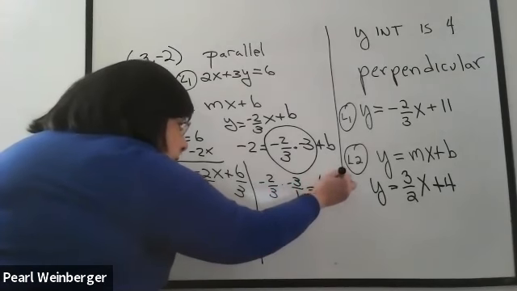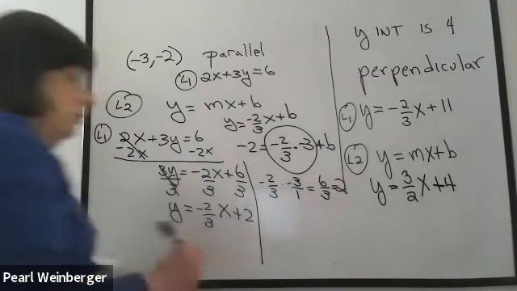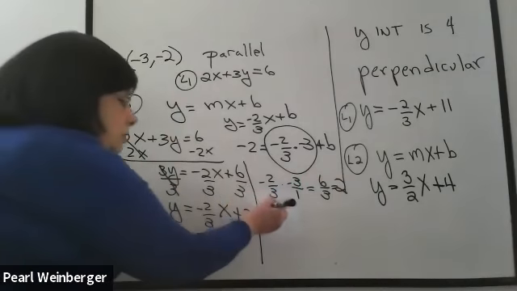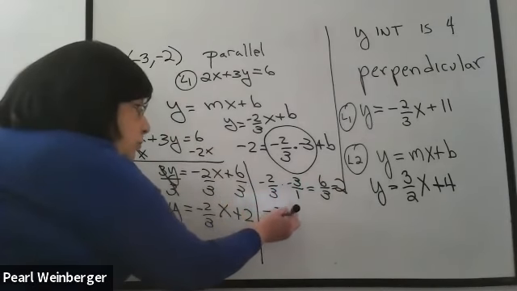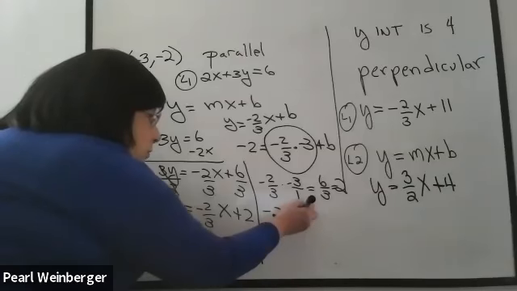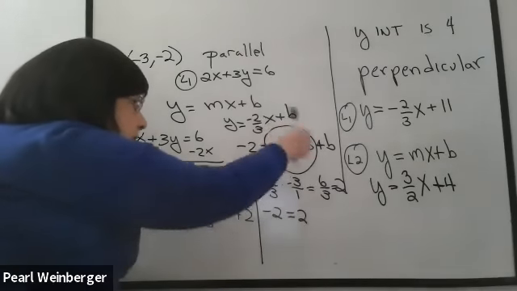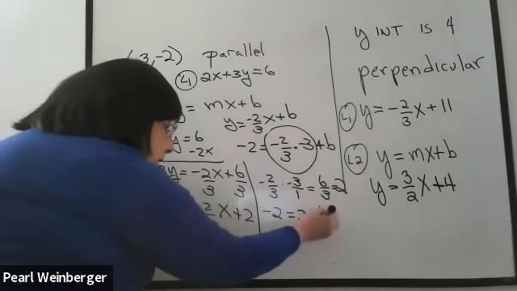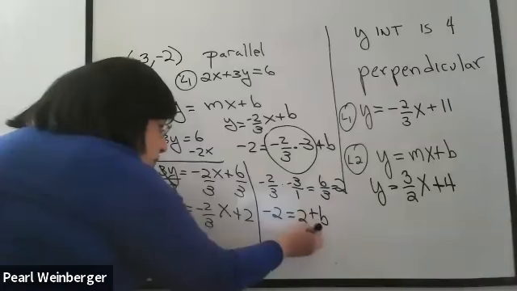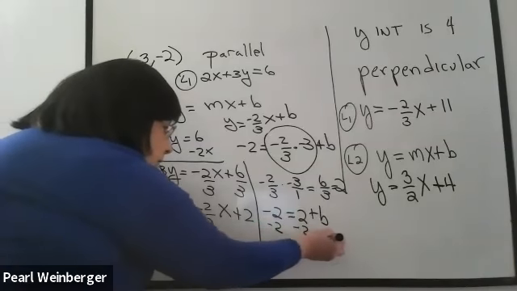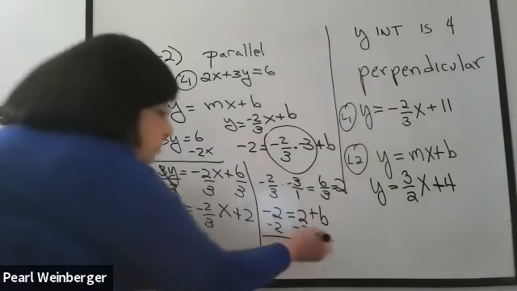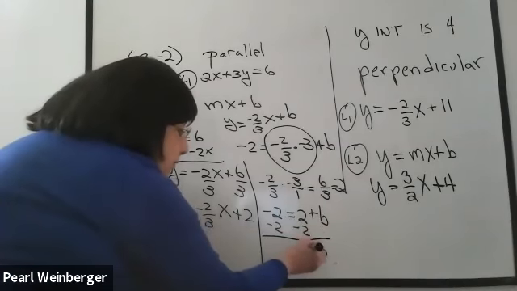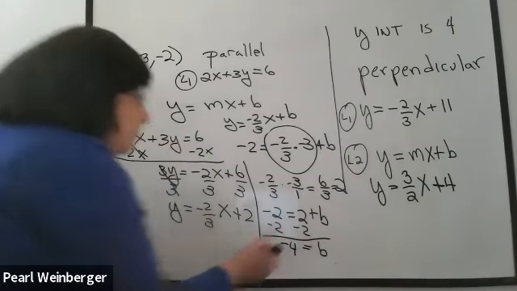And 6 over 3 is 2. In other words, this then becomes negative 2 equals 2 plus b. And I can bring the 2 to the other side, which gives me that the b is equal to negative 4.